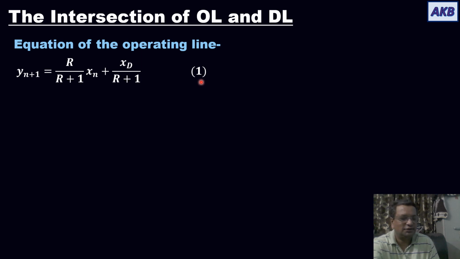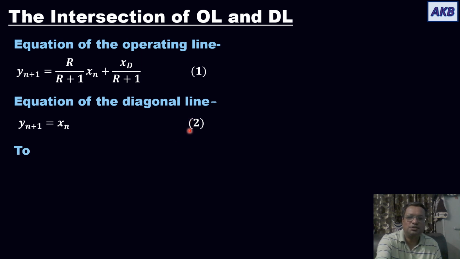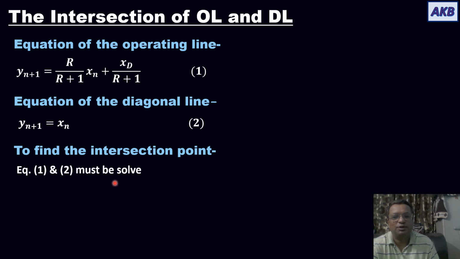I am calling it equation number 1. Then the equation for the diagonal line is yn plus 1 is equal to xn. Now we are going to solve these equations simultaneously. So to get the intersection point, equations 1 and 2 must be solved simultaneously. So let us do that.